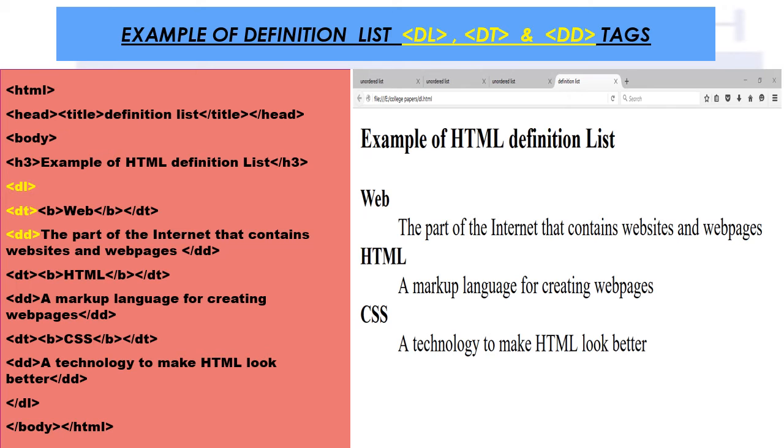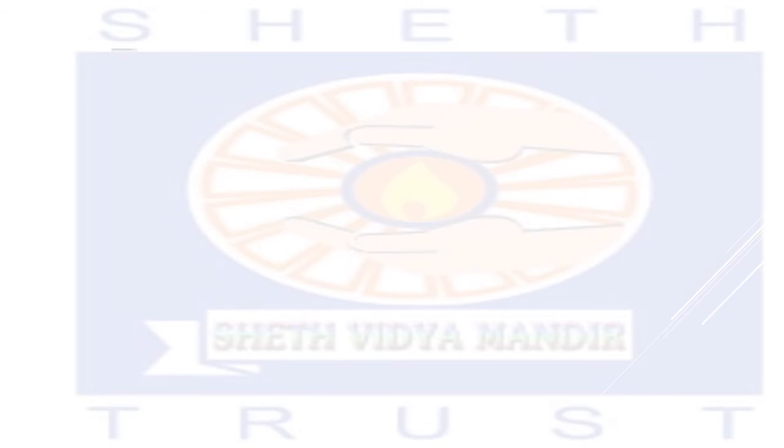So what you have understood in this particular slide is the definition list. In the definition list, you have to use the main two tags, that is DT and DD. Correct? Define terms and define the definition. Understood this thing, students? Look at each and everything properly. Right? Let us move ahead to the next slide.